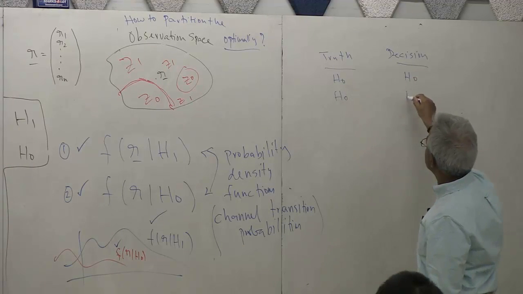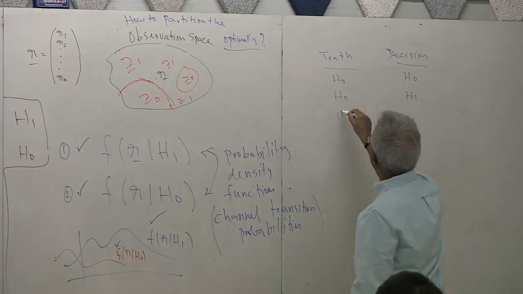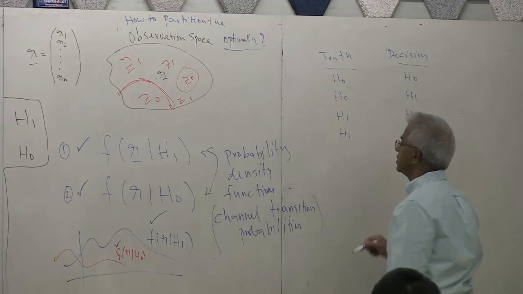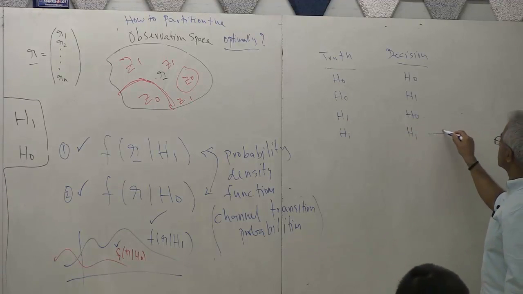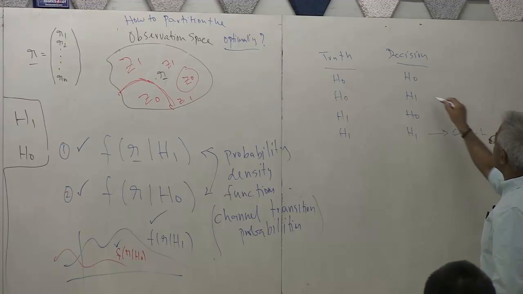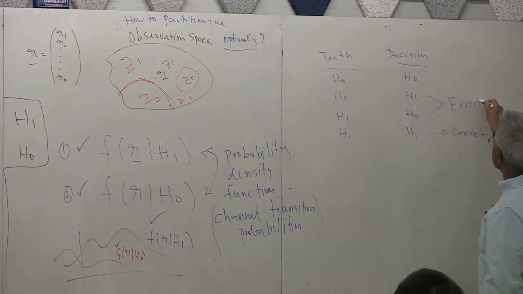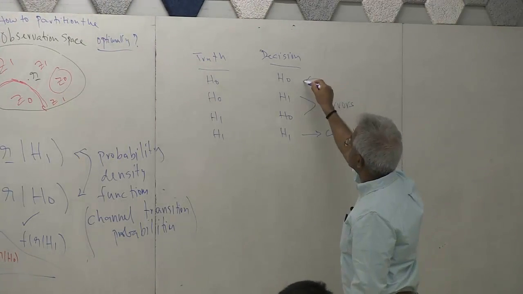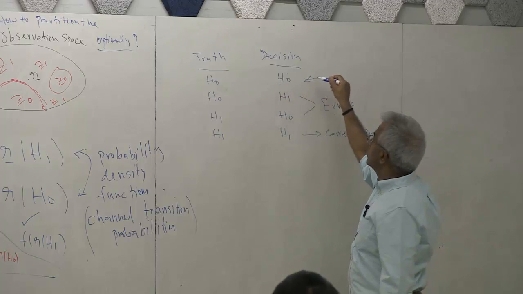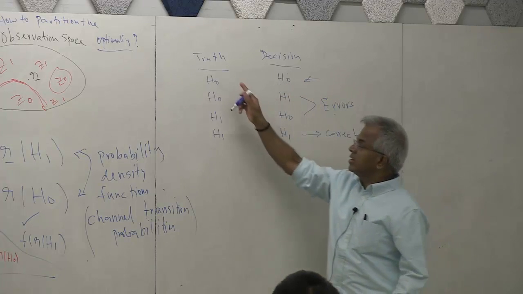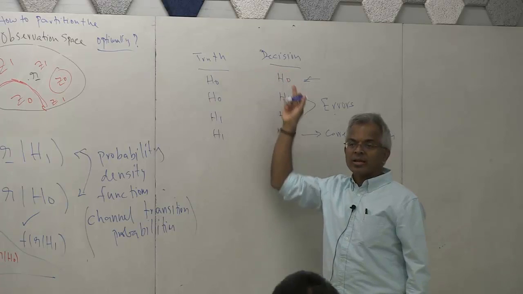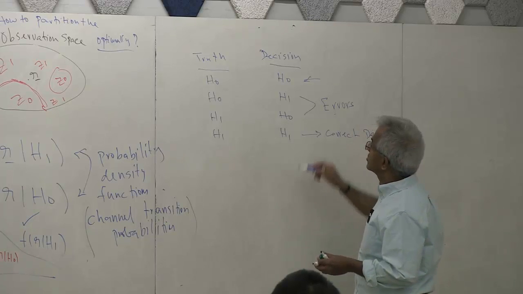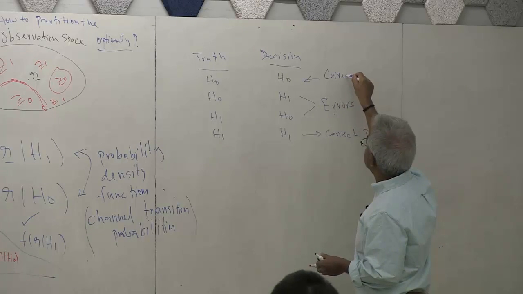You can have H naught, the decision is H1, and H1, H naught, and H1, H1, right? So this is a correct decision, right? And these two are errors. Also, of course, if it is a bit 0, this is also a correct decision. In radar, when there is no target and you declare no target, you're not going to be given an award. That's not of much significance. But nevertheless, this is a correct decision.